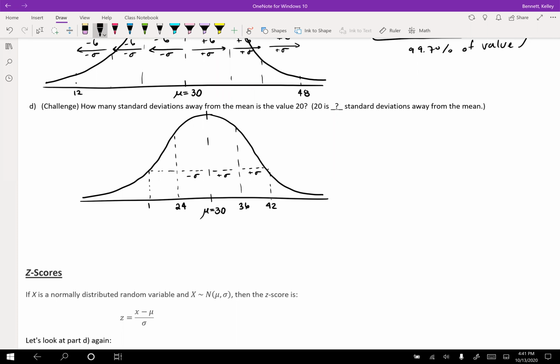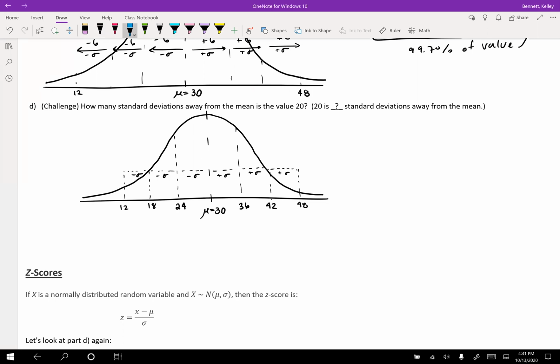Where does 20 fall into this? Well, 20 is definitely in between 18 and 24.